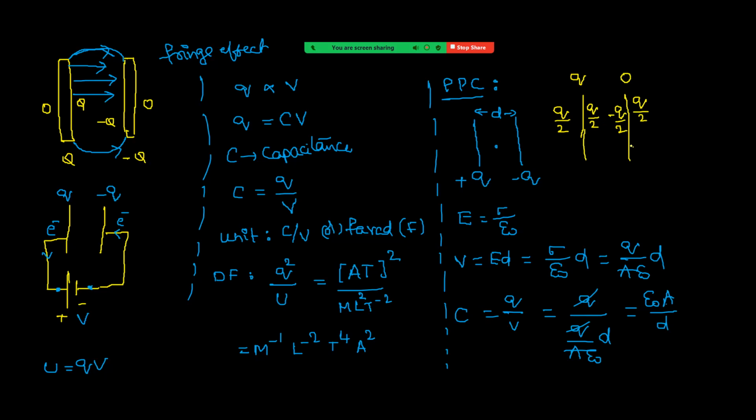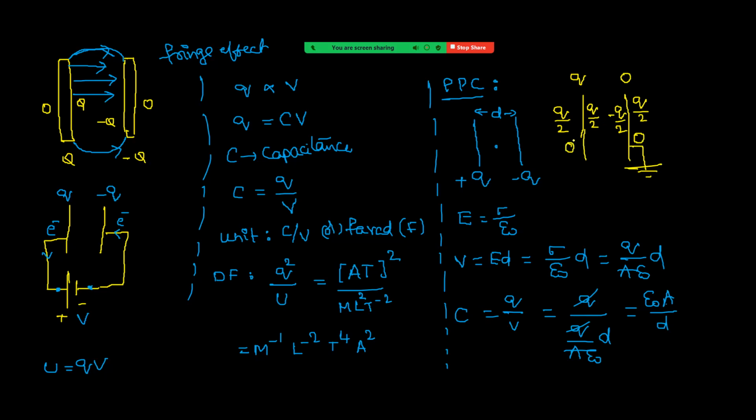Now, if you ground one of them, now ground this one, then see what happens. On outer face, charge will be 0. See, these questions we have already solved in Gauss law, right? So when we are grounding this plate, on outer face, charge becomes 0.